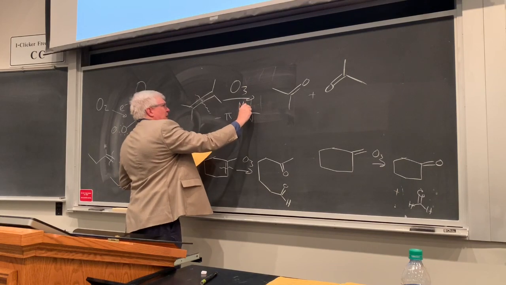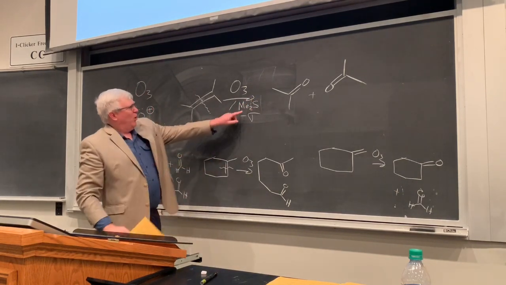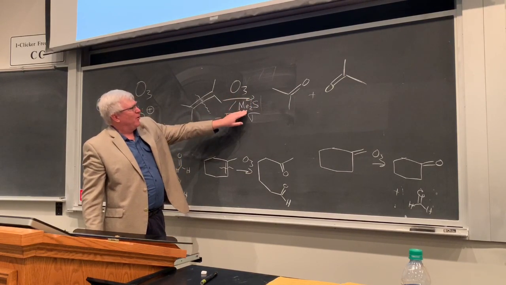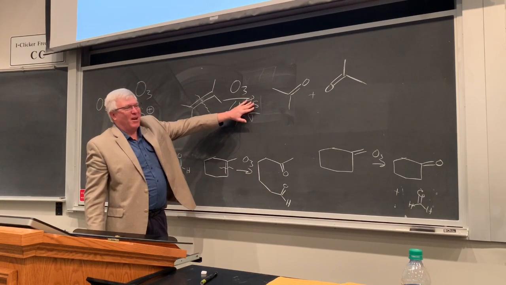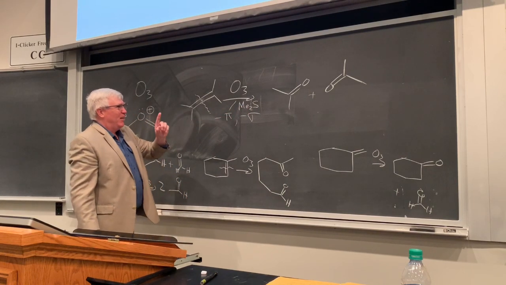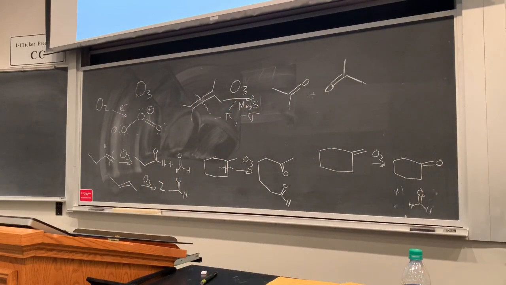And you should show that. It's really a workup material, dimethyl sulfide. If you leave it off, we'll still give you full credit, but it's actually a detonation hazard if you don't work up the ozonide, which we'll see from the mechanism why it's important to add the dimethyl sulfide. But let's do a little bit on the mechanism and see how this guy works.